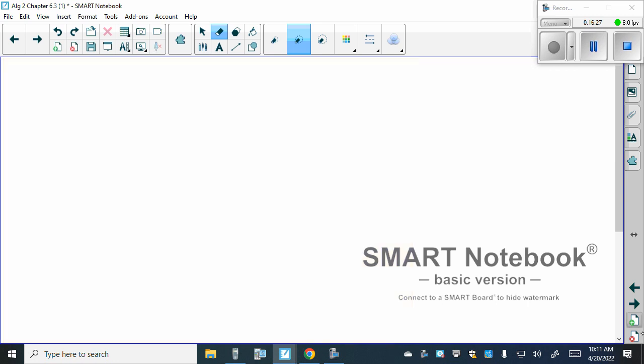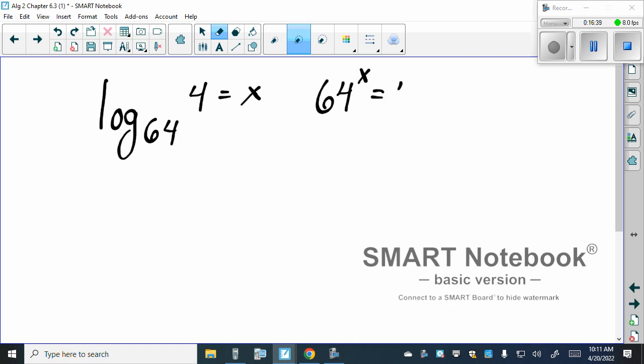Now, this isn't on the note sheet, but let's just say log base 64 of 4. Well, that means we're taking 64 to the x is equal to 4. Now this one, x is not going to be 1/2. So it would be 3 because 4 times itself 3 times is 64.